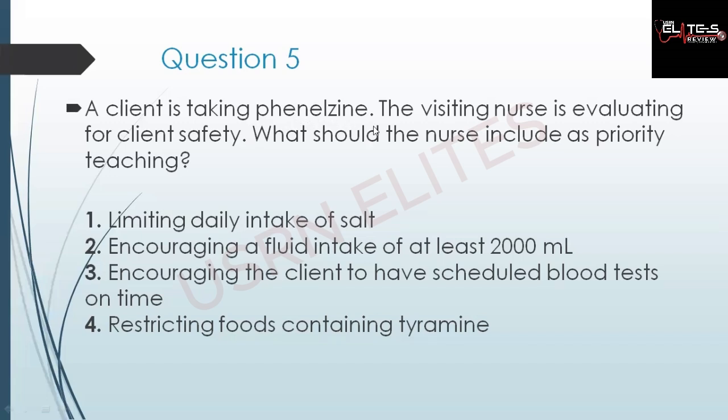Tyramine. So over here, they could have said an option like restricting maybe aged cheese or something like that. They can give any food that contains tyramine, but over here they just mention the tyramine itself.